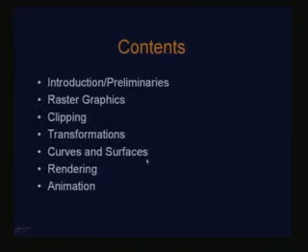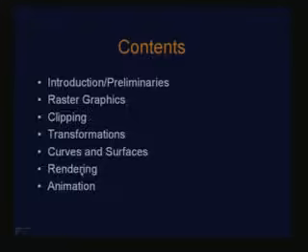Then we are going to talk about some of the representation schemes and the way to do modeling, right. So curves and surfaces are basically methods or representations which give us an indication of how we can model objects.